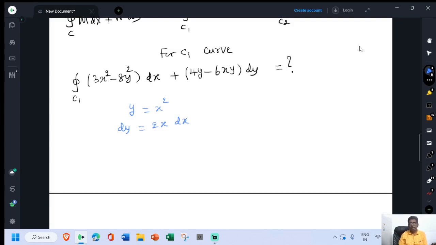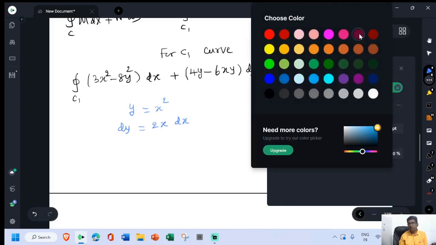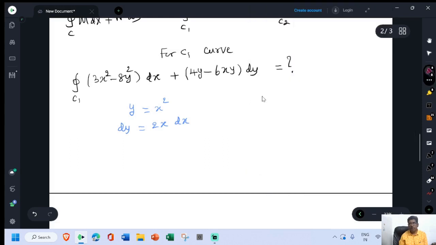So in the above equation, we should change the values of y in terms of x. Now the above equation is modified. Carefully we have to handle this.